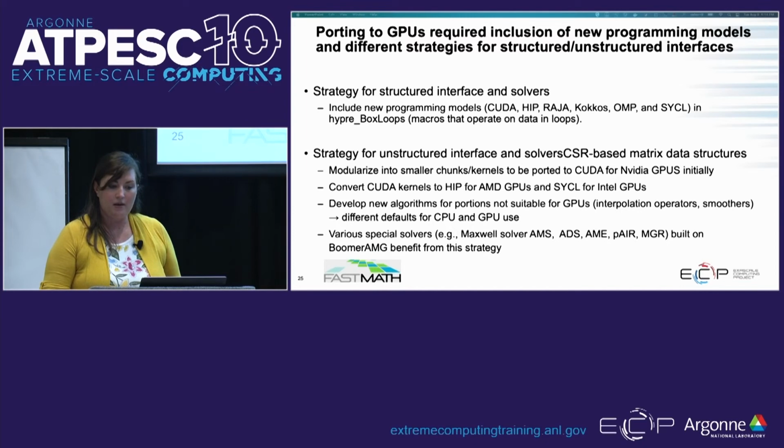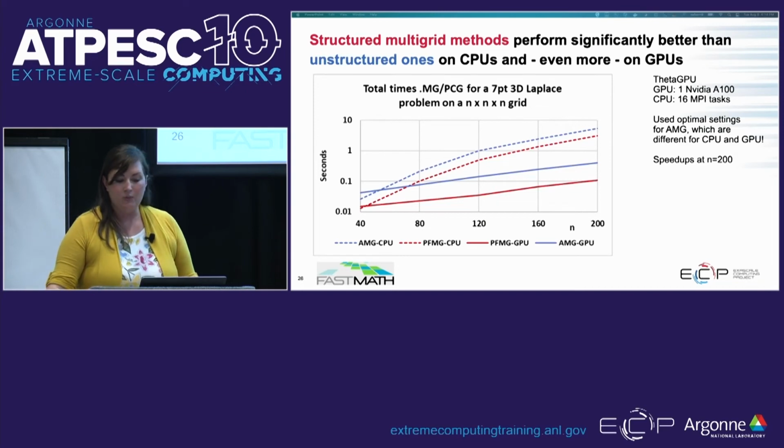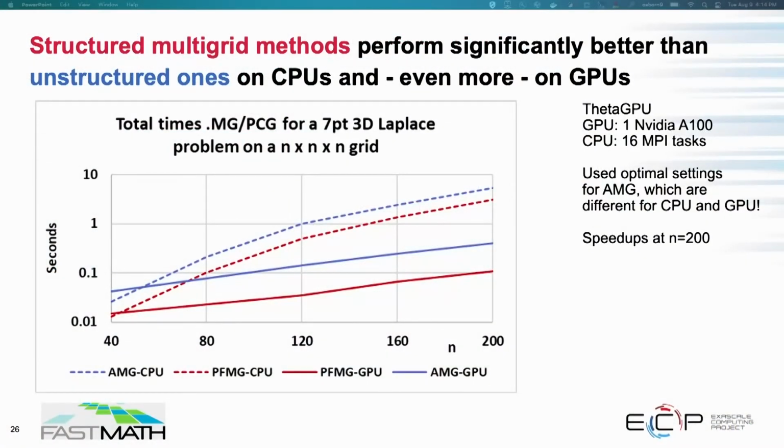All right, so now I'm going to present some results. This was a weak scaling study comparing the performance of BoomerAMG, our unstructured solver, and PFMG, our structured solver, but these were both used as preconditioners for the conjugate gradient method on both CPU and GPU.